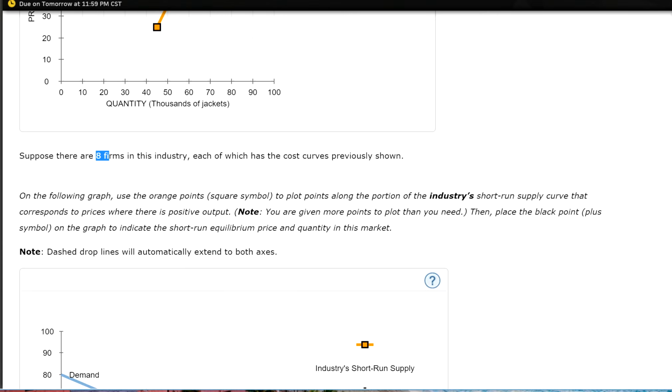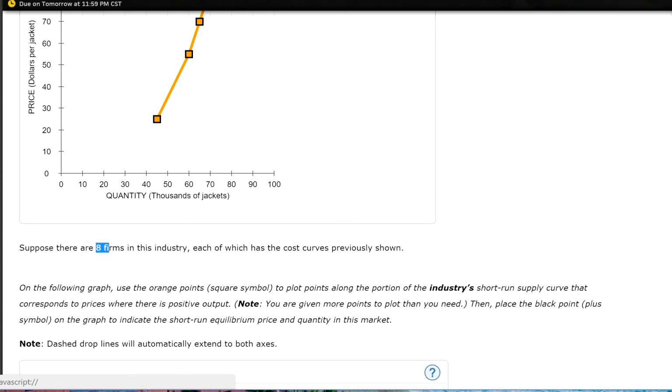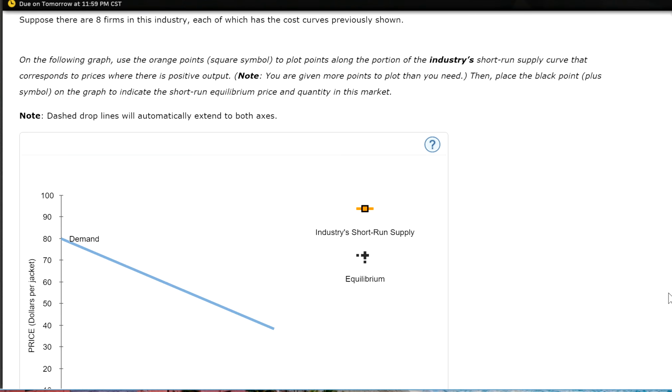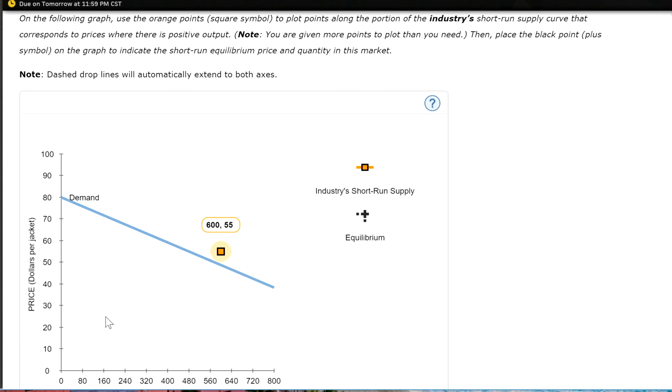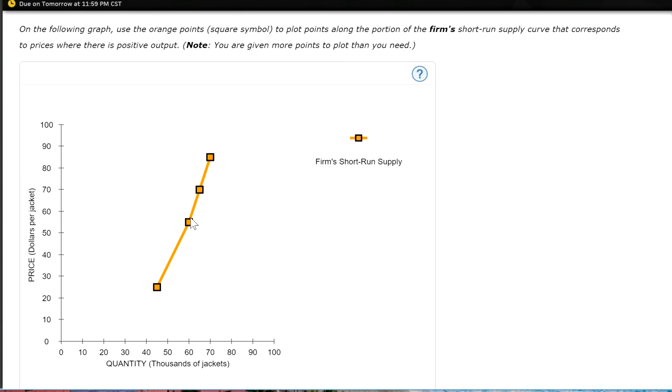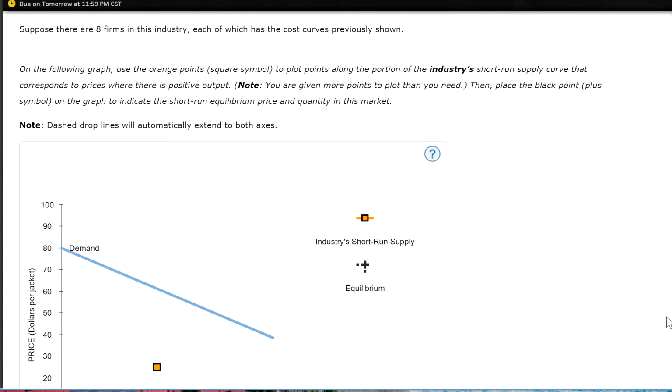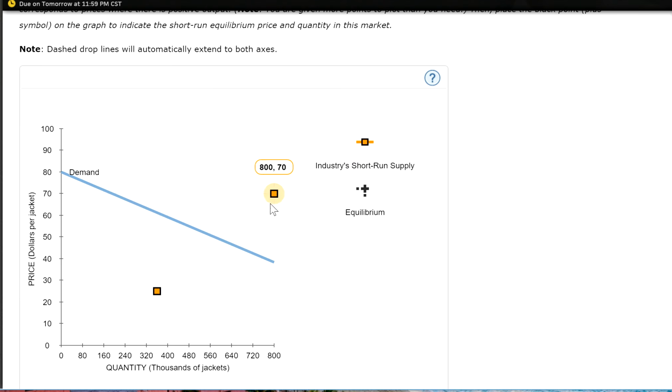So 360 at $25, first point. Now the second point is right here: 60 times 8 companies is 480 at $55.